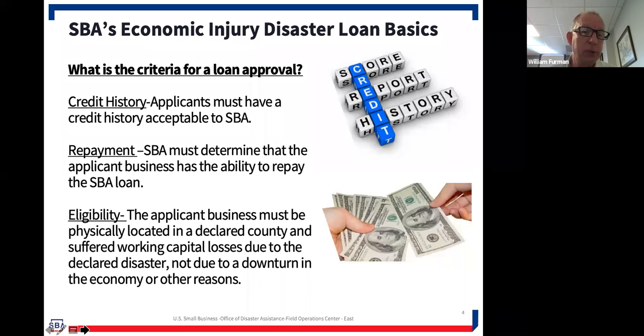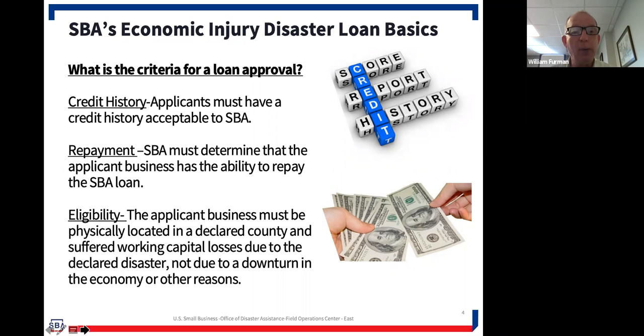We're going through some of this on the PPP side right now, where people had old SBA loans that are still hanging out there, that are causing them issues and rejection. So if you're delinquent on a federal debt, it could even be federal taxes, that is going to be a turn down due to your credit history on SBA.